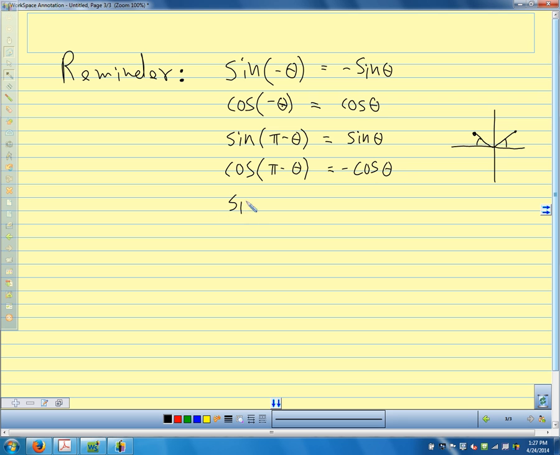And then let's do two more. Sine of pi plus theta. So here's a picture for this one. Here's our point, here's theta. And here is pi plus theta. So sine of pi plus theta, the y coordinate. They're opposite. This is positive, this is negative.